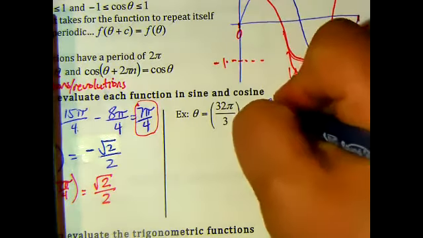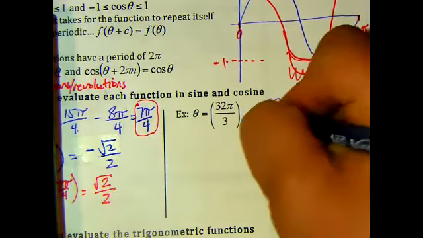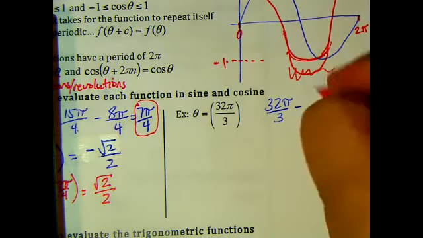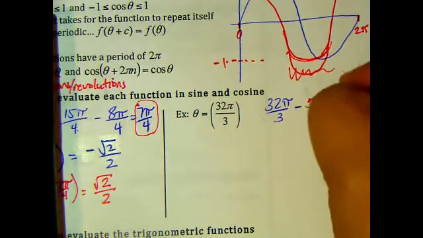So I can do 32 pi over 3 minus 5 times 6 pi over 3.